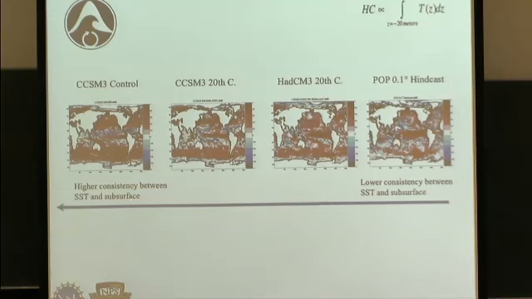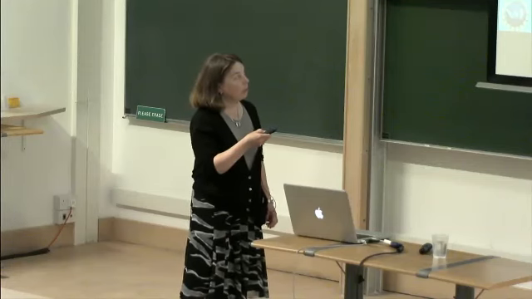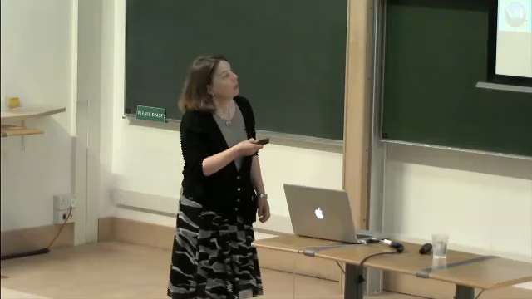This is from the control run of CCSM, and the 20th century simulation from the same model. This is the Hadley CM3 representation. And then I also looked at the POP 1/10 of a degree resolution hindcast model with inset forcing.